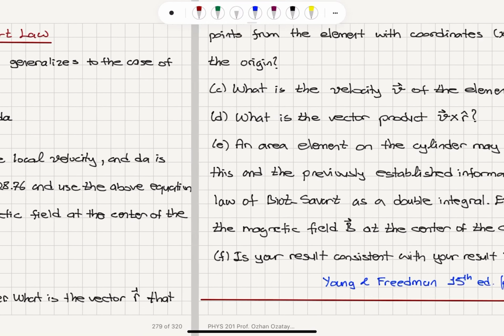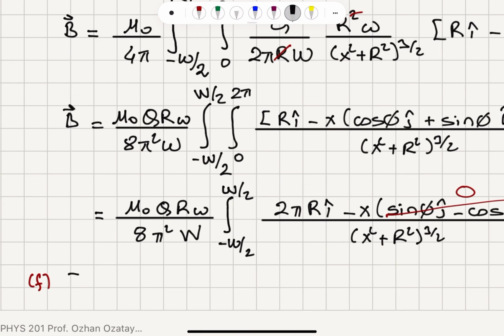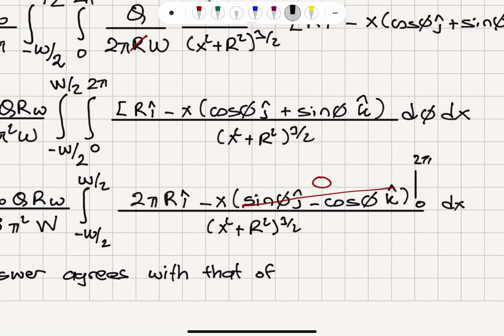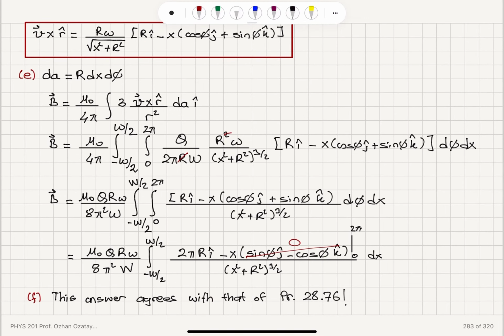So for part F, I'm going to write: this result, this answer agrees with that of problem 28.76. So that's what I have found.